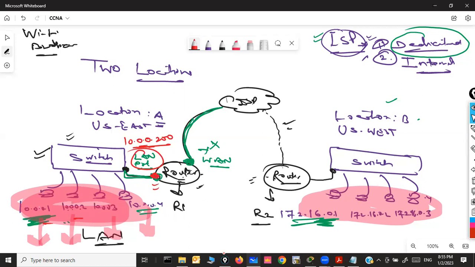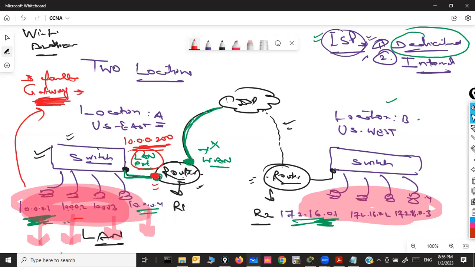And after assigning an IP address to the router, to the network device, now the computers, the LAN side computers, should have the gateway IP configured, or default gateway IP address, because here the router is what? Gateway.